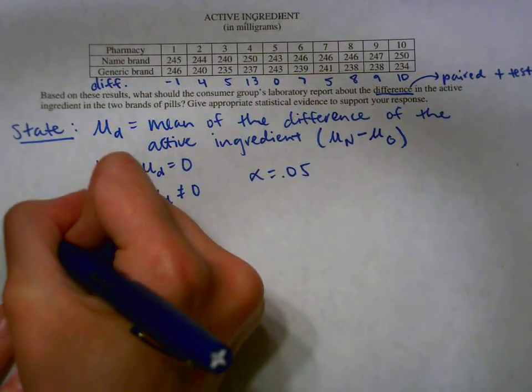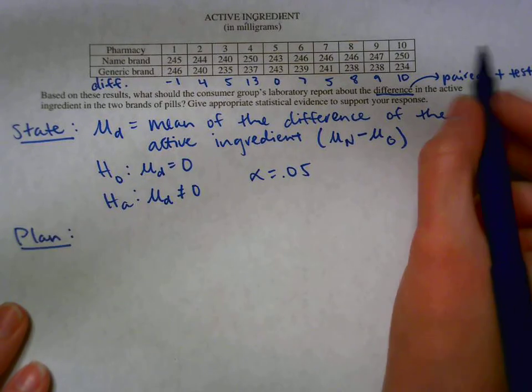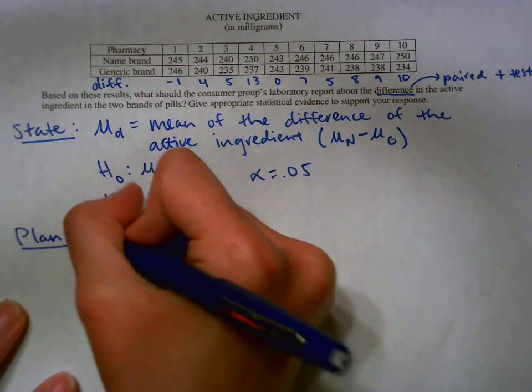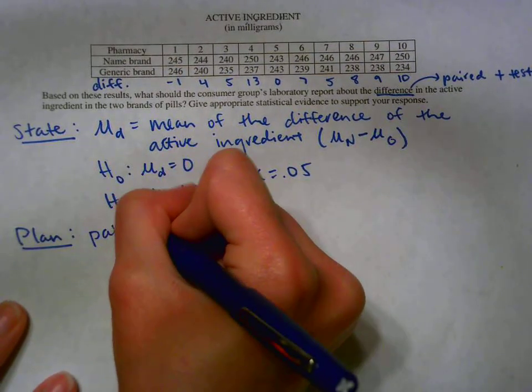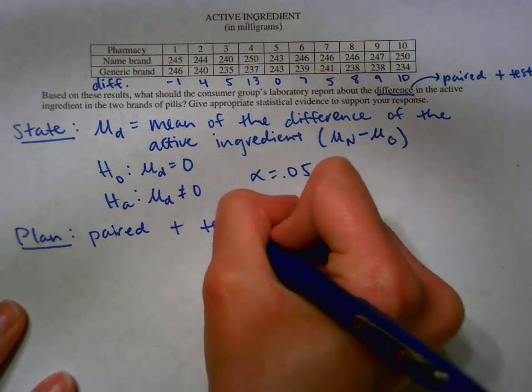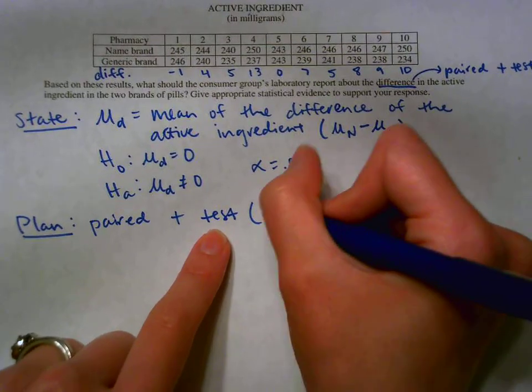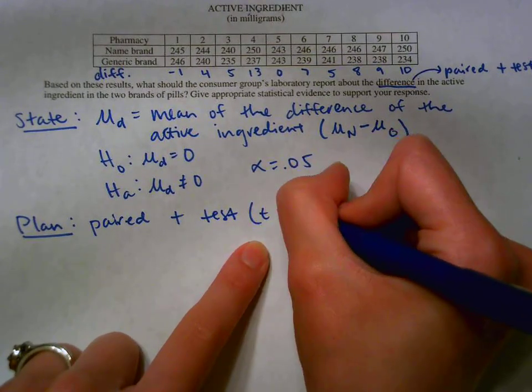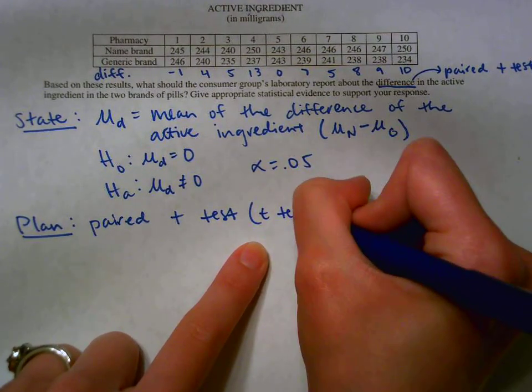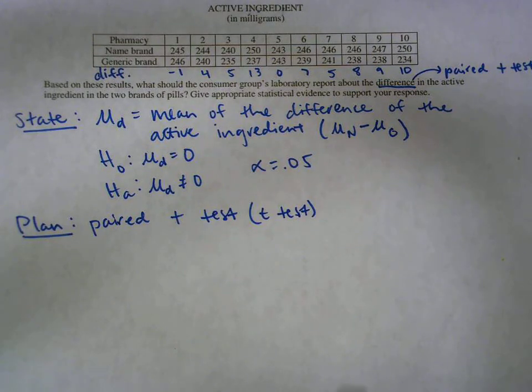So then our plan, we already said it here, it's a paired t-test. I'll write it again. But you're not going to see that in your calculator. That's like a 1 sample t-test, which in your calculator, you would just go to t-test. It doesn't say 1 sample. Then we're going to check our conditions.